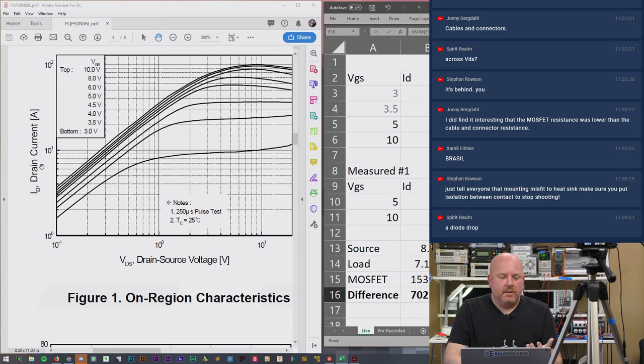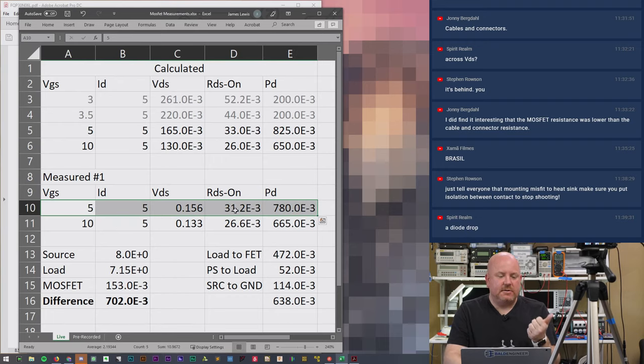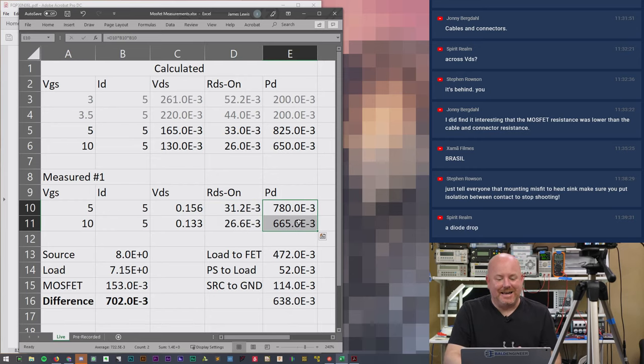Once you know the drain current, which you should know, and once you know what the voltage drop across the transistor will be, then you can just use Ohm's law to calculate what its RDS(on) will be, as well as the power dissipated. Now, the reality is I don't actually normally care what RDS(on) is, because all I care is how hot the MOSFET is going to get.